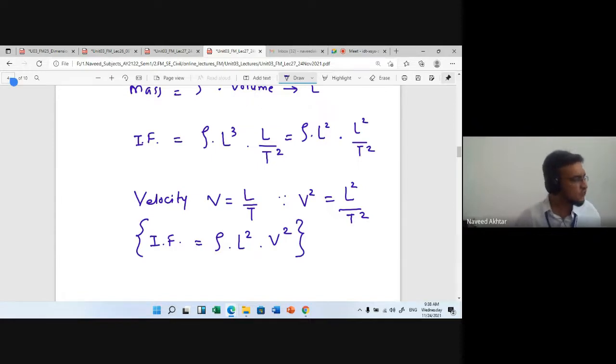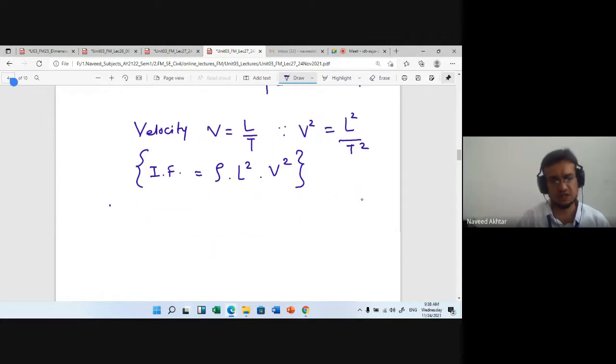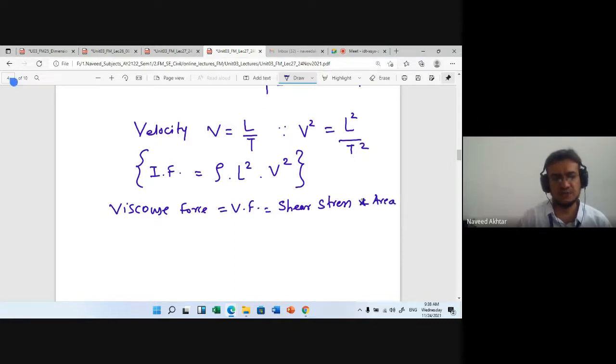And the viscous force, VF, is nothing but shear stress into area. Shear stress is generally denoted by tau, into L square.